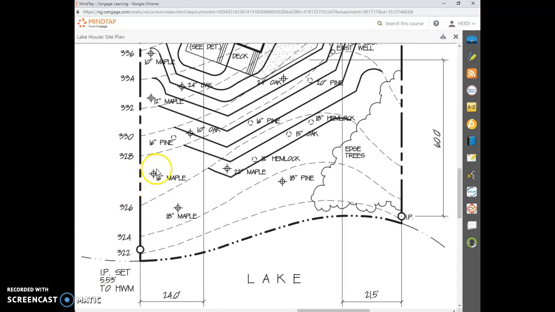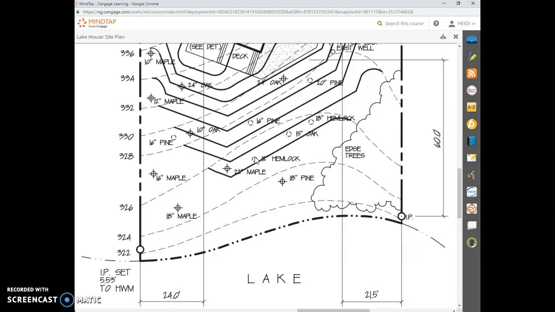This is a tree that's to be saved right here. Underneath it says that when trees need to be removed, they're shown with this hidden, dashed line. It's pretty typical in demolition that things to be demolished are shown with some sort of dashed or hidden line.